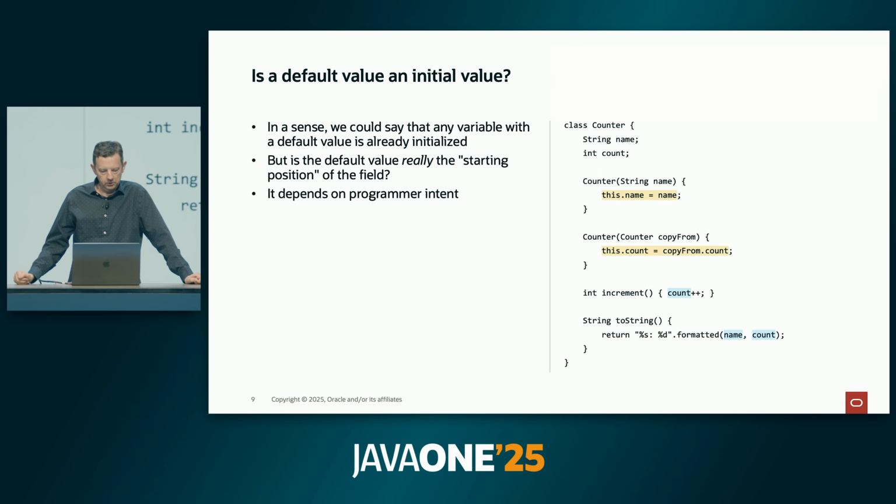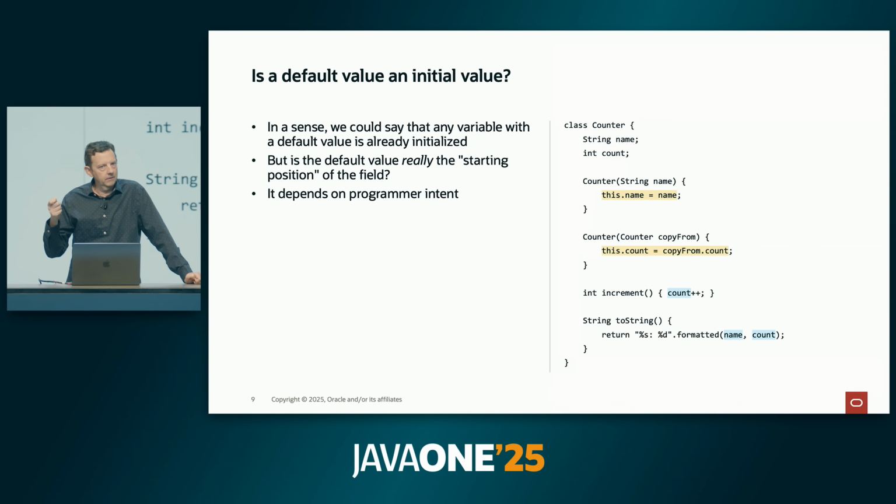So in this counter class, I've got a couple of fields, a string and an int. For the int, I may just want to leave it at 0 and not say anything. So in this first constructor, I take in a name, I set the name, I don't touch the count, and that's okay. It's initialized to its default value at 0. That's what I want, and the code can behave as it should. In the second constructor, there's a bug.